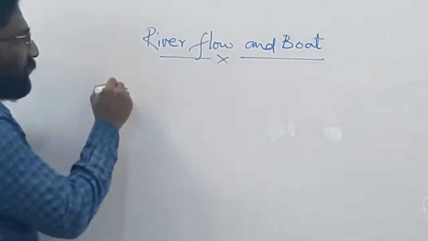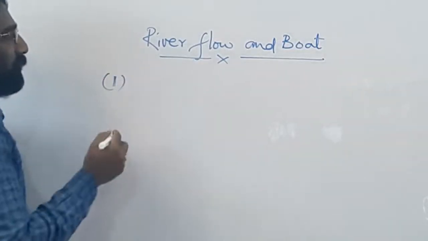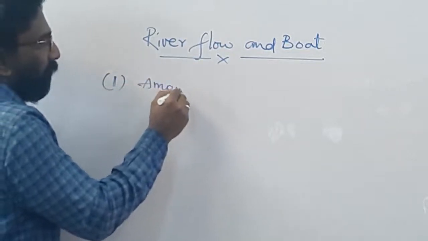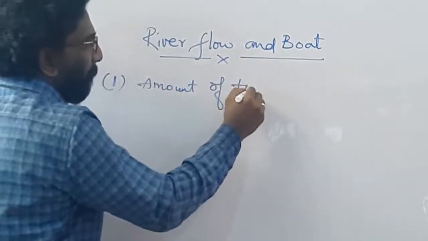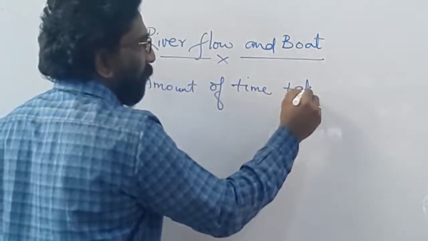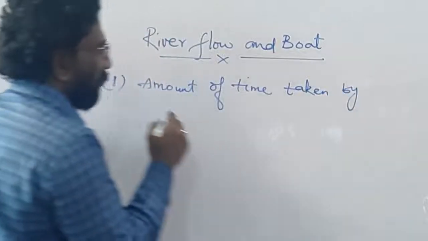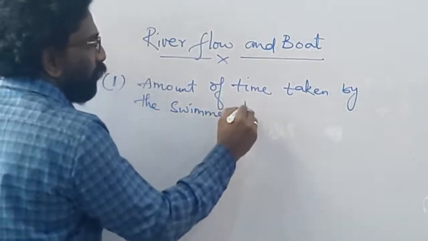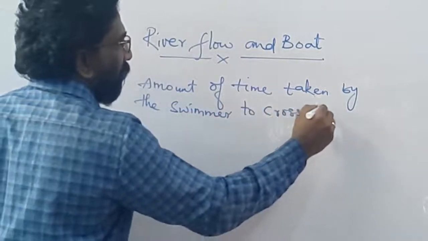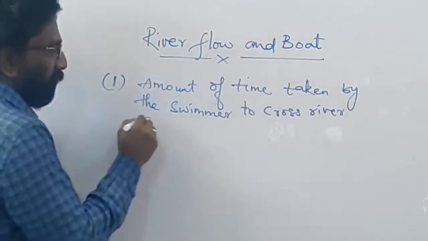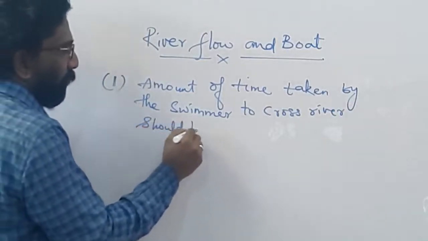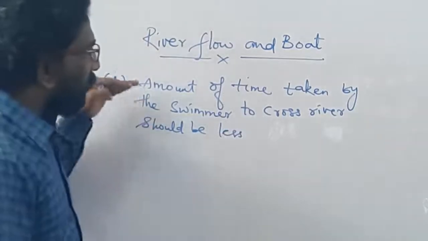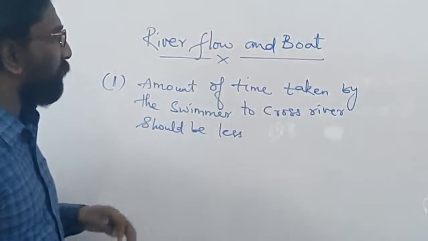So see, the first case is the amount of time taken by the swimmer to cross the river should be less. The first case should be the amount of time taken by the swimmer to cross the river should be less.